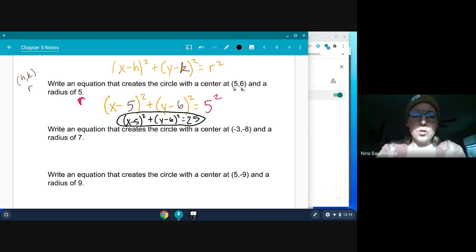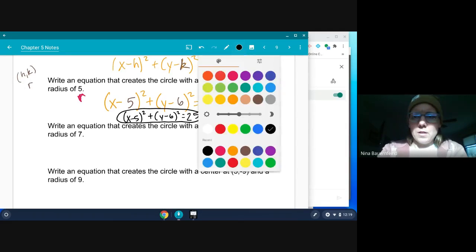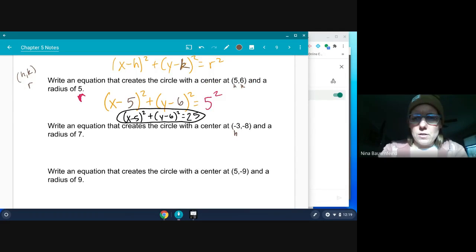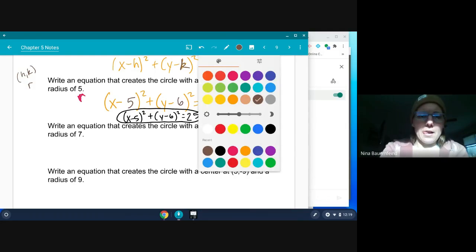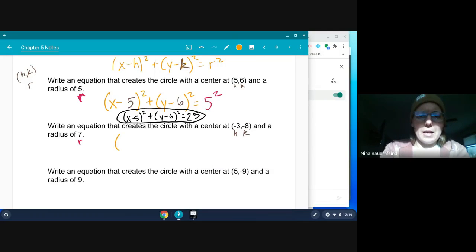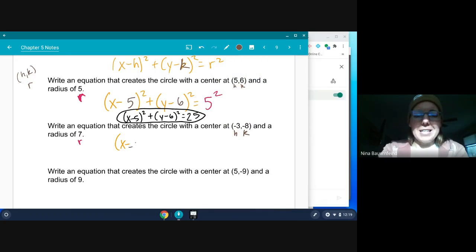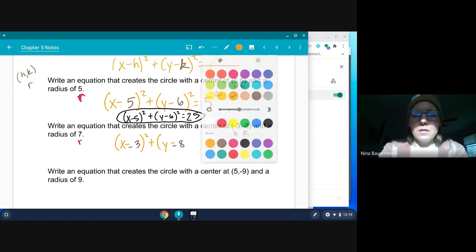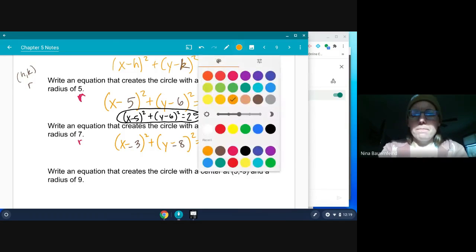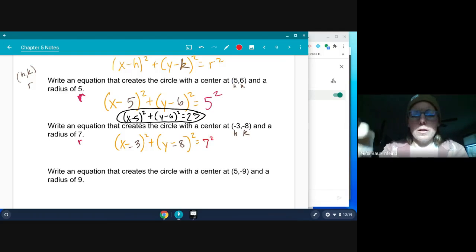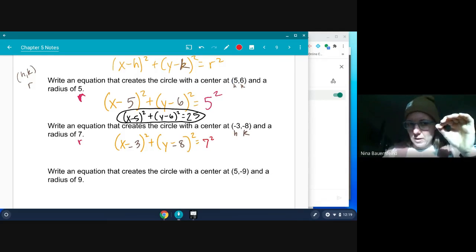Okay. So in the next one, we got H, K, R. They want us to write the equation. So we would go X minus H. Now here's where we got to be careful. It's X minus negative 3 squared plus Y minus K, which is negative 8, squared equals 7 squared. And now let's simplify this, okay?